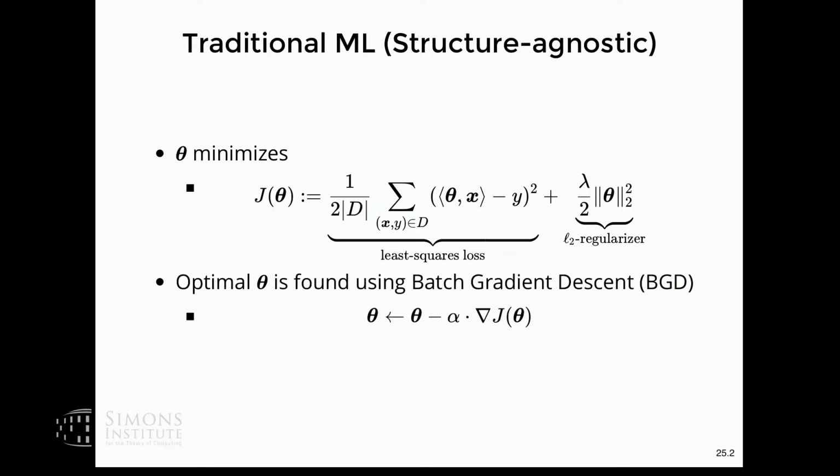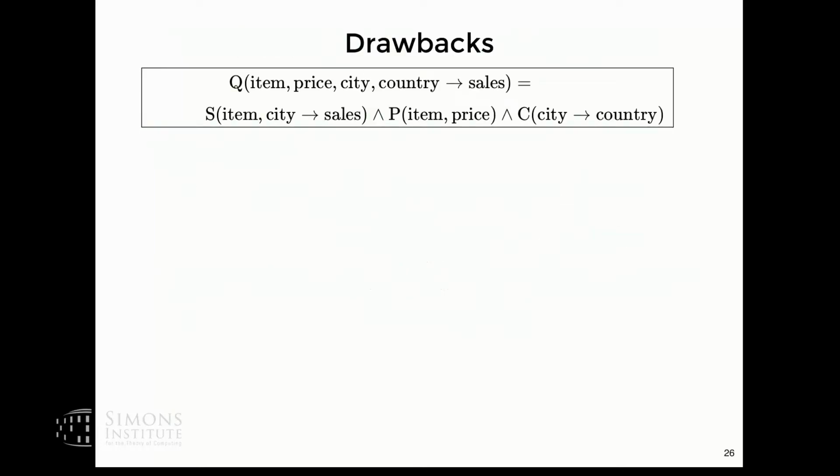For the purpose of this talk, we will think of batch gradient descent being used to compute the optimal theta, where we iteratively improve our theta by applying this update over and over. So what exactly is wrong with the traditional machine learning that is structure agnostic in a relational setup?